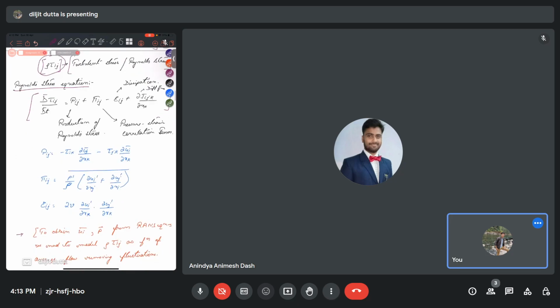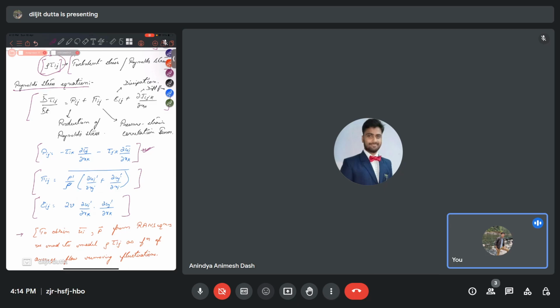And each of these terms is expanded here. This is the product of the Reynolds stress multiplied by the pressure velocity gradient.